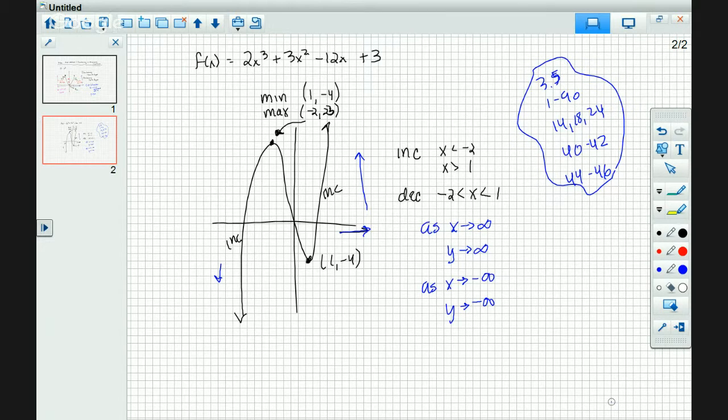I posted it yesterday in the afternoon. So it should be there. I'm pretty sure it's there. Still here.